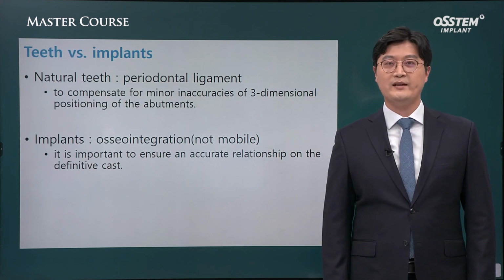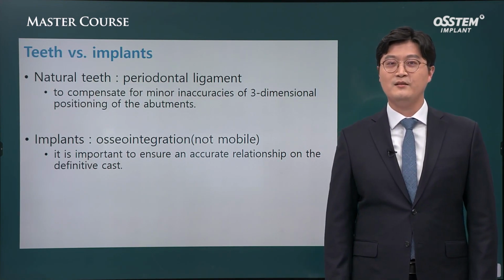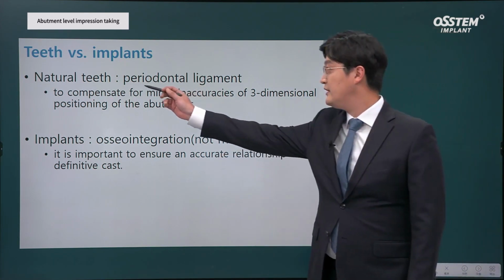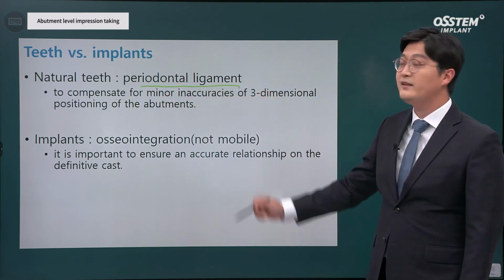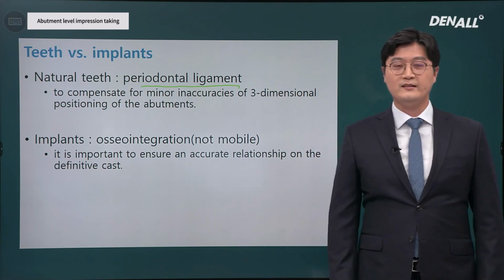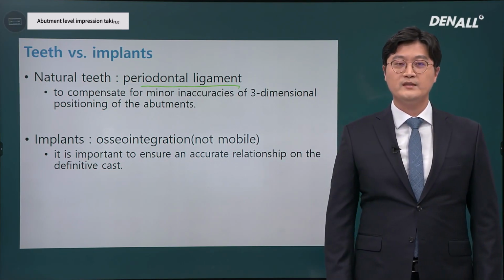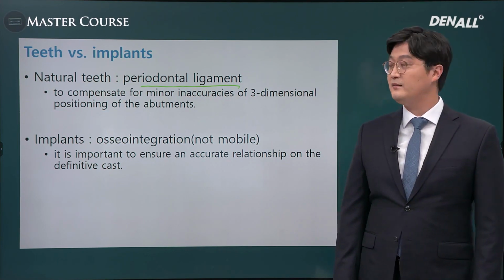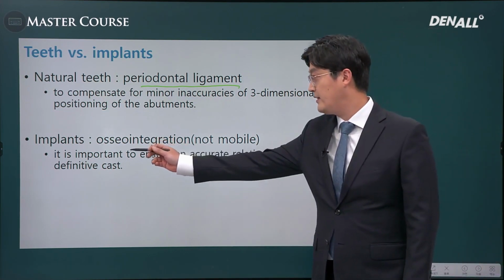Before we talk about implant impression taking, let's talk about the differences between natural teeth and implants. Natural teeth have a periodontal ligament. So even though there are some errors in the prosthesis, the PDL can compensate for minor inaccuracies through teeth movement.